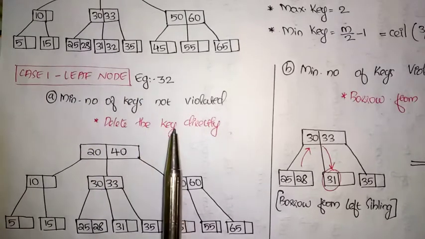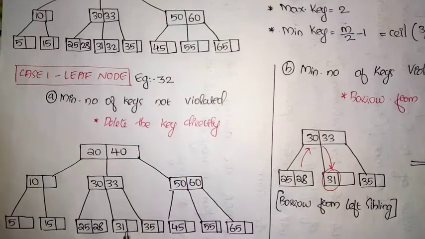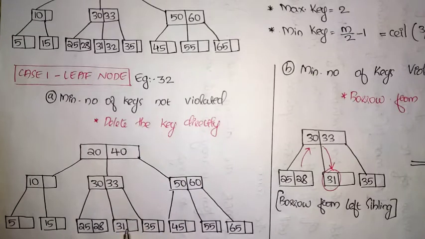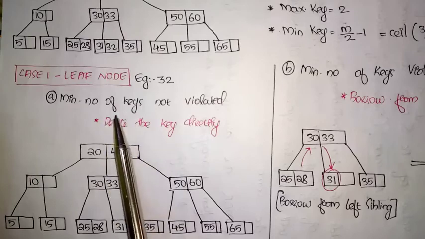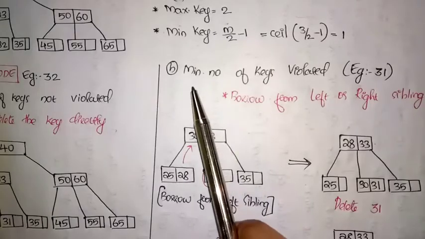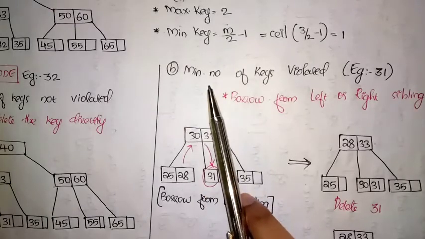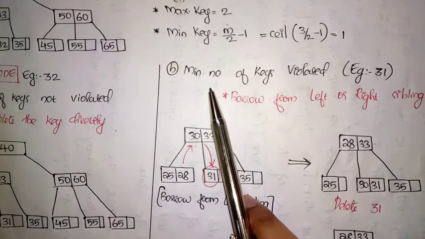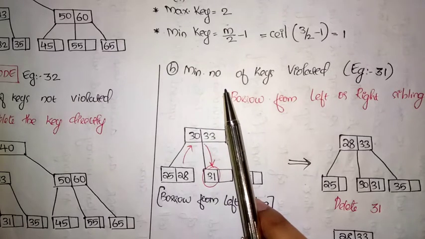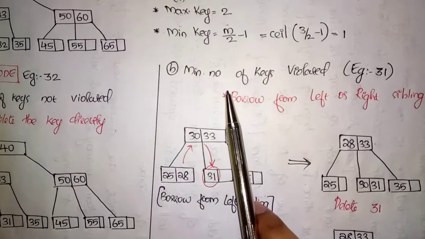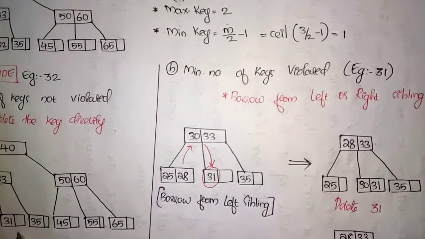The first scenario is that even after I delete a leaf node, it is not going to violate my minimum number of keys condition. Now let's look into the B part. That is, if I am deleting a specific leaf node, it is going to violate my minimum number of keys condition. In this specific node, only a single key is stored, that is 31.